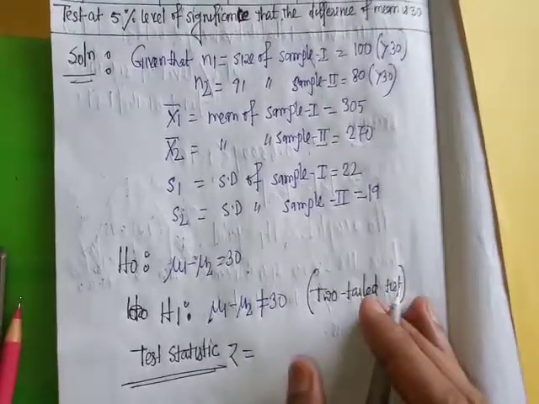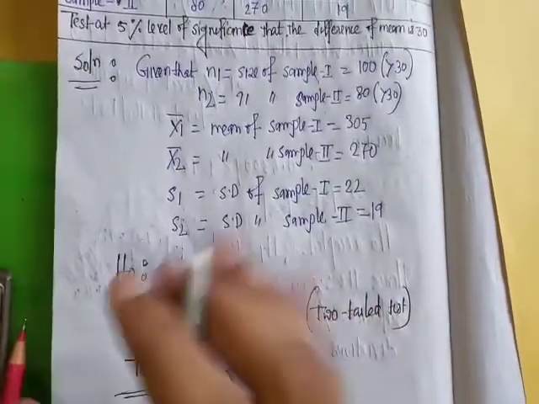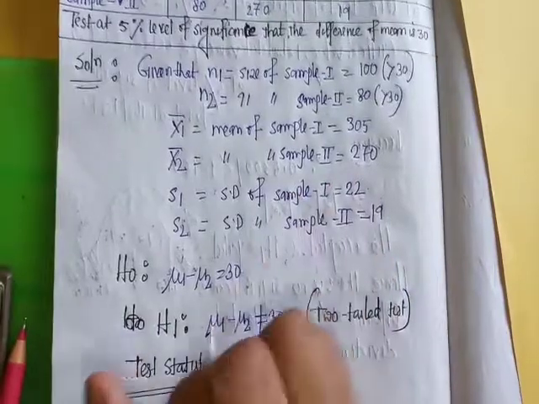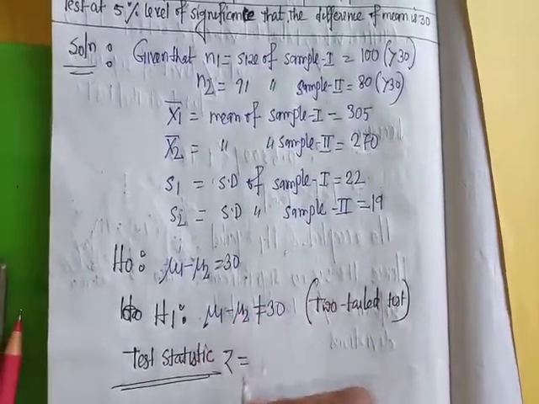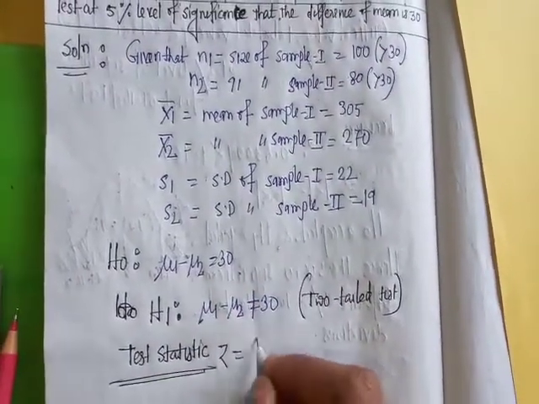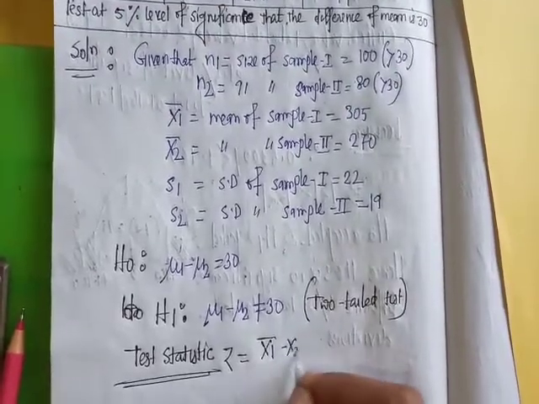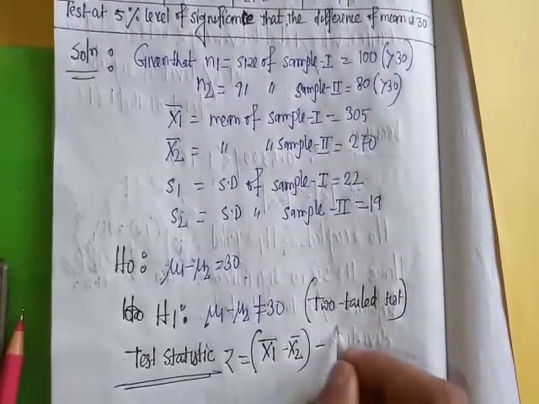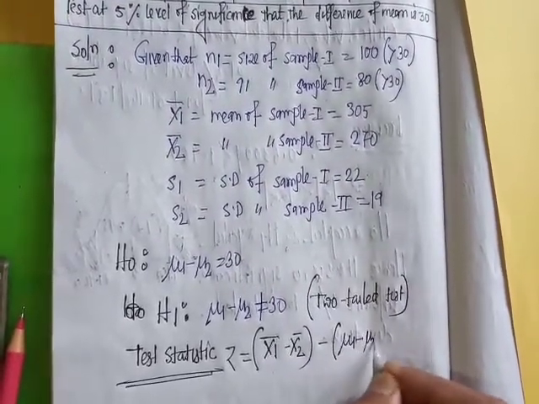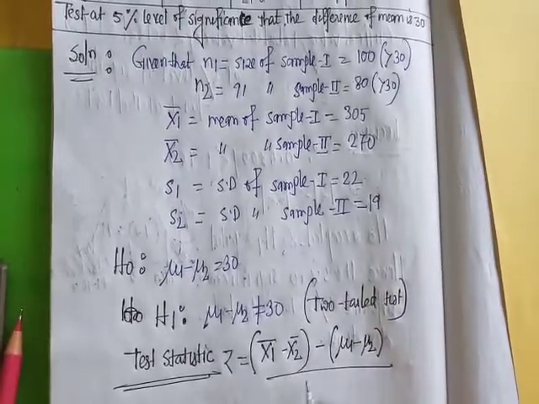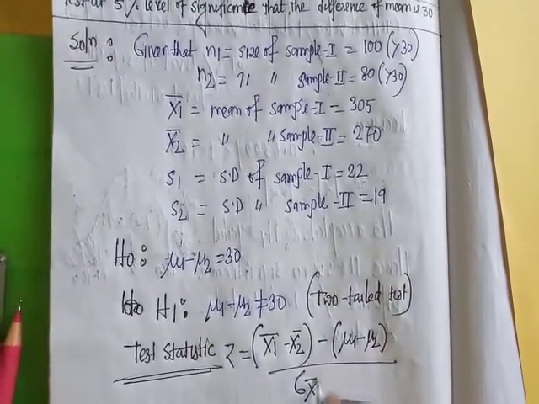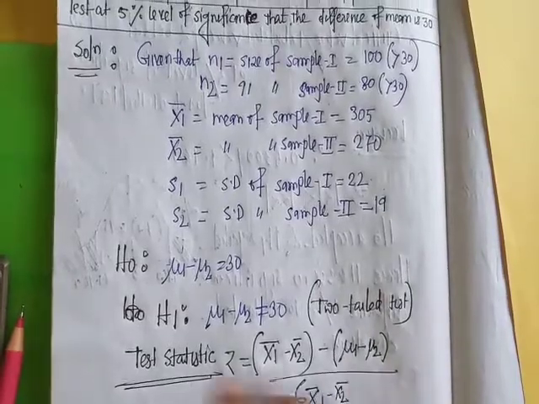Now test statistic. Where the difference of population mean is given, the formula of test statistic is Z equal to x1 bar minus x2 bar minus mu1 minus mu2, by sigma x1 bar minus x2 bar.